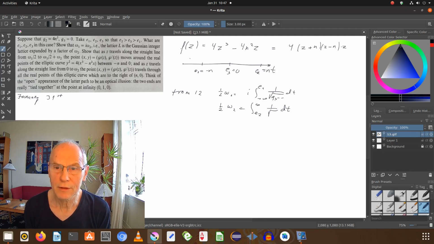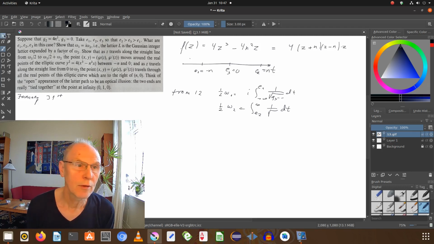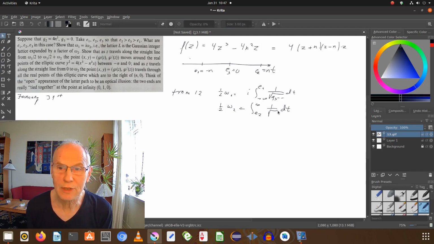Now, these parts within the integral signs are equal.